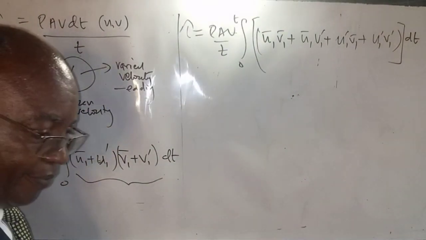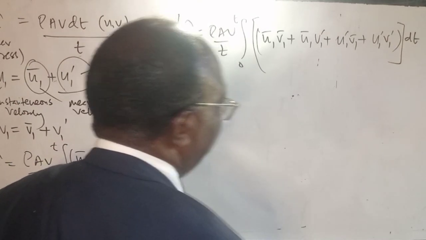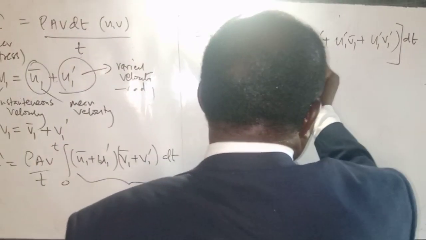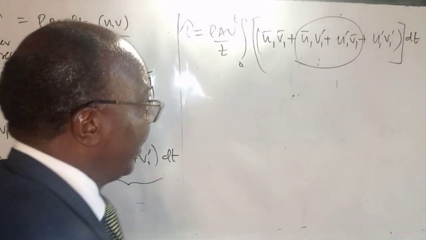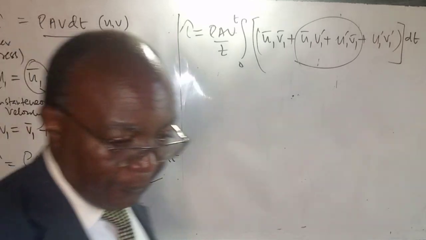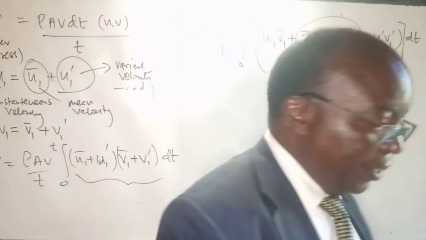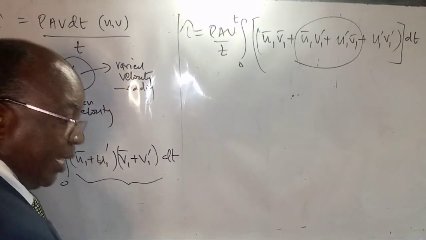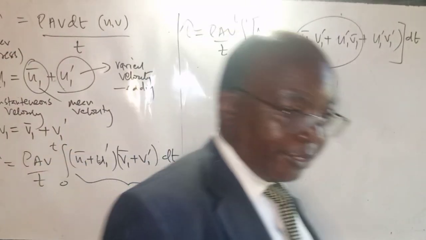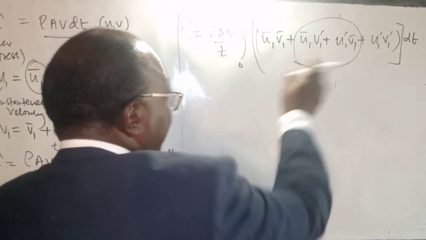So, one of the first things which you take note of is that these two quantities, like you have said, will vanish. Those perturbed velocities, we had said, based on the Reynolds decomposition, their mean will be 0.